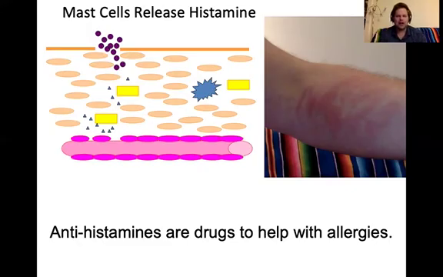And that's what your allergies are. So if you're allergic to cat dander, what that actually means is anytime you get cat hair in your body, your body launches an immune response against the cat hair, thinking it might be a pathogen. And so antihistamines are drugs that people take to help with allergies. And so I want to point that out because that's what the mast cells are actually releasing is histamine, because histamine is an important part of your inflammation response.